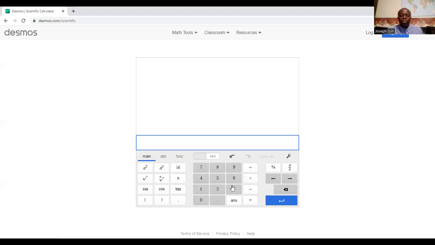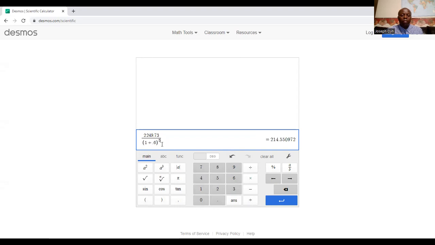This is the calculator I use. So I have 2,249.73 divided by 1 plus 6% of interest, 0.06, raised to the power, how many years? 5 years, raised to the power 5.